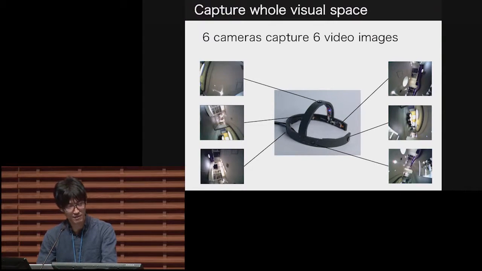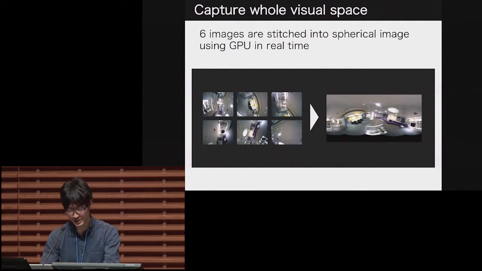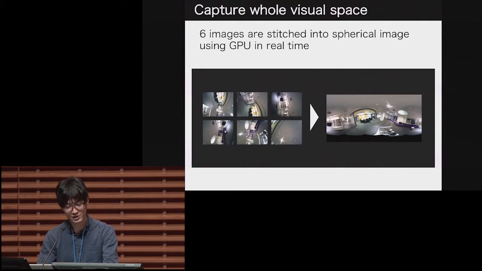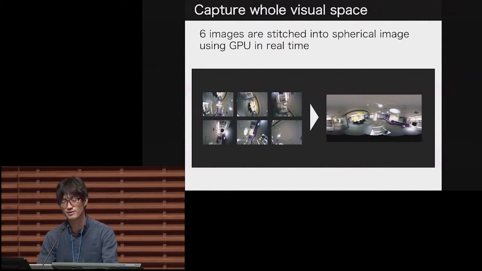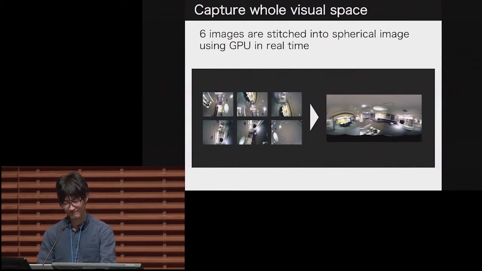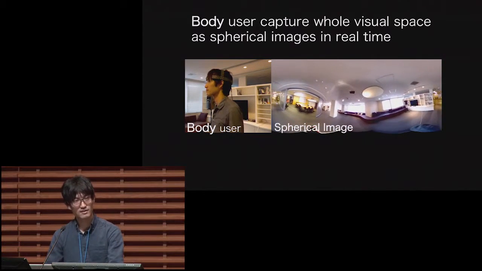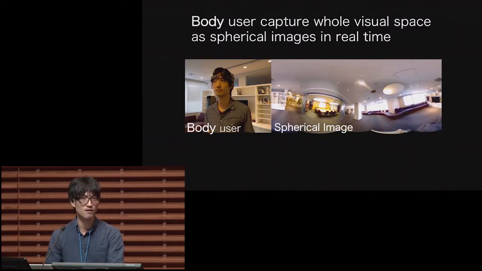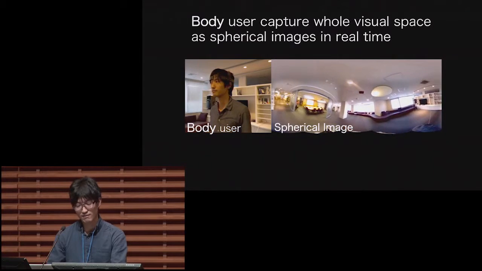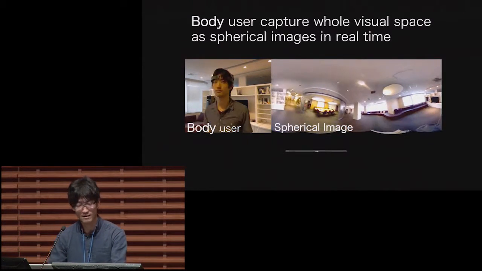Headgear's 6 cameras provide 6 video images, and then the 6 images are stitched into a spherical image through equirectangular projection using the GPU in real time. So through this process, LiveSphere records the 4π visual space surrounding the body user as a spherical image in real time, like that.